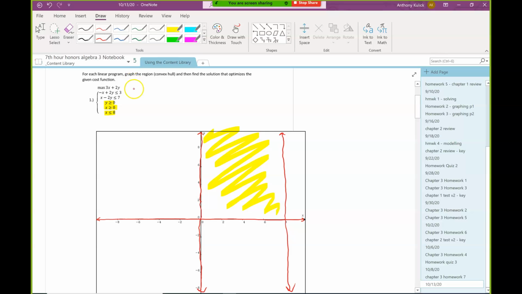So now let's worry about these other 2 inequalities. The first thing I'm going to do is rearrange so that I can get the y by itself. So for the first inequality, we'll add x to both sides, and then divide both sides by 2.